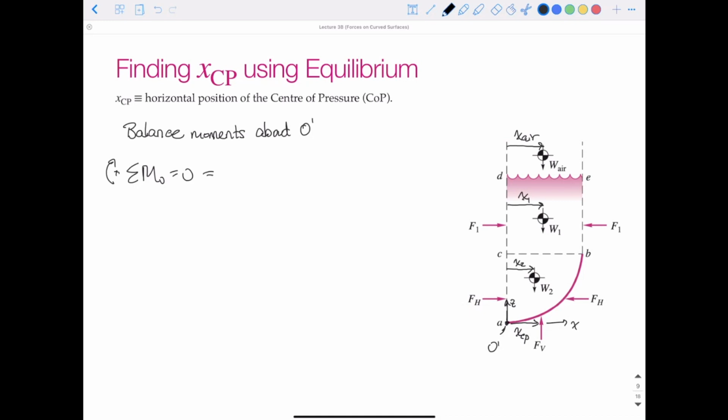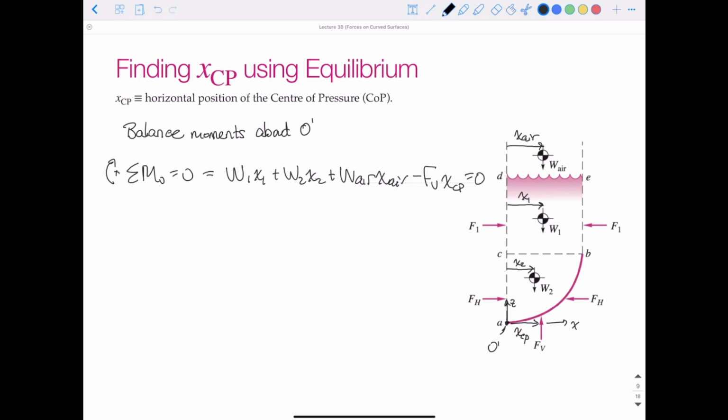So we end up with W1 times X1 plus W2 X2 plus W air X air minus FV times XCP is equal to 0. So if we rearrange this, we just want to solve for XCP.